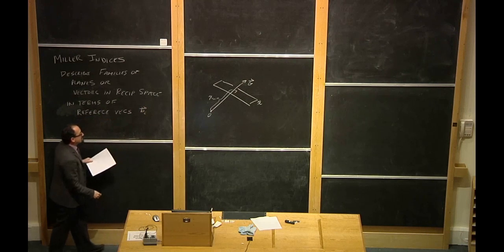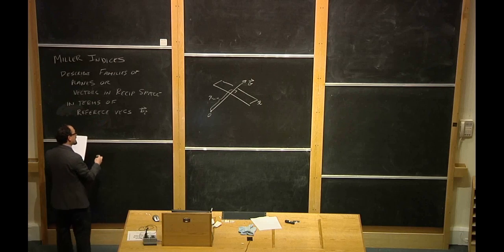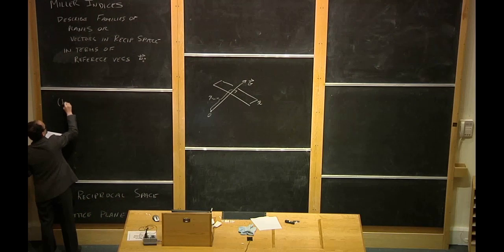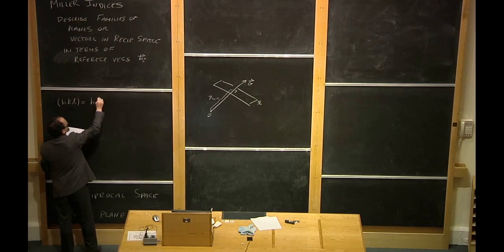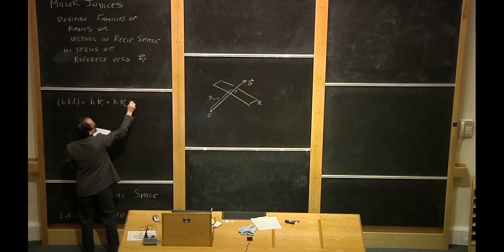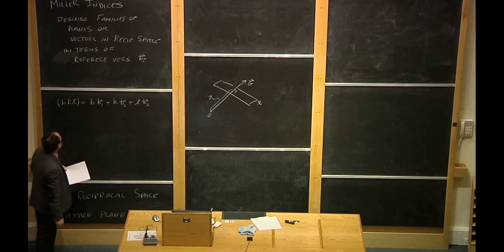These b sub i's, very important, may be primitive reciprocal lattice vectors, or they may not be. Generally, what we do is we write hkl in parentheses to mean h times b1 plus k times b2 plus l times b3. And this notation should look a little bit familiar.